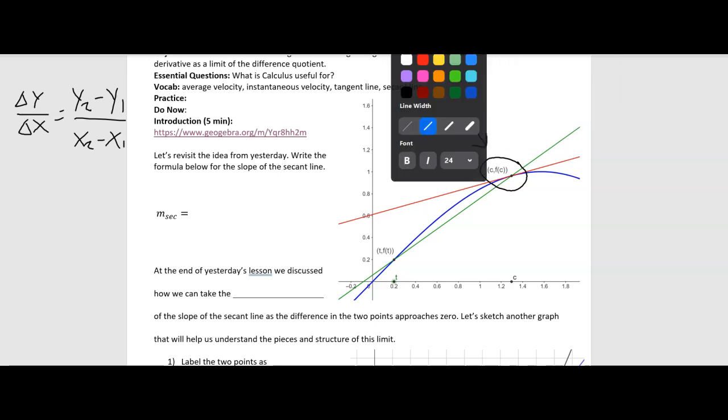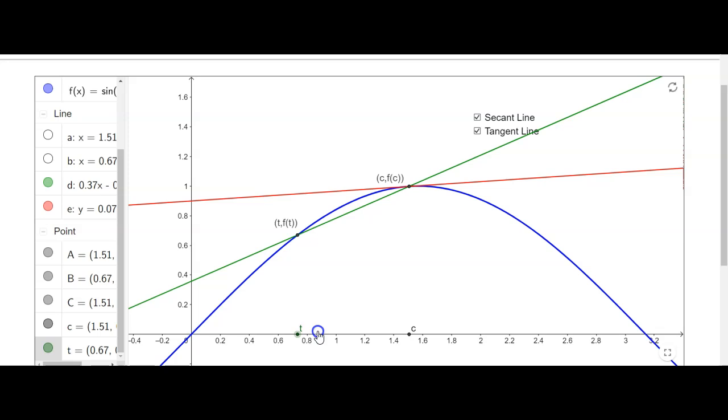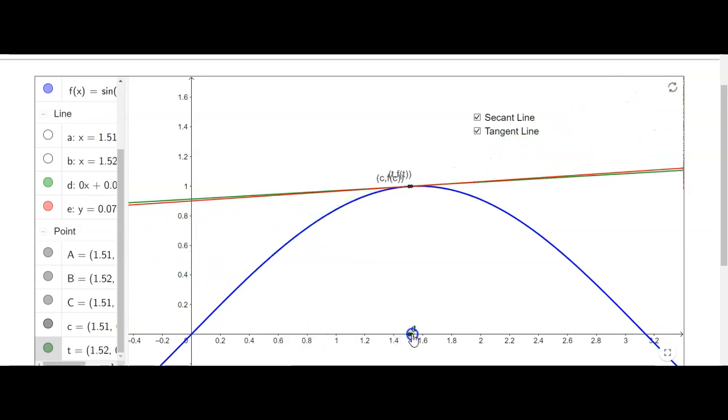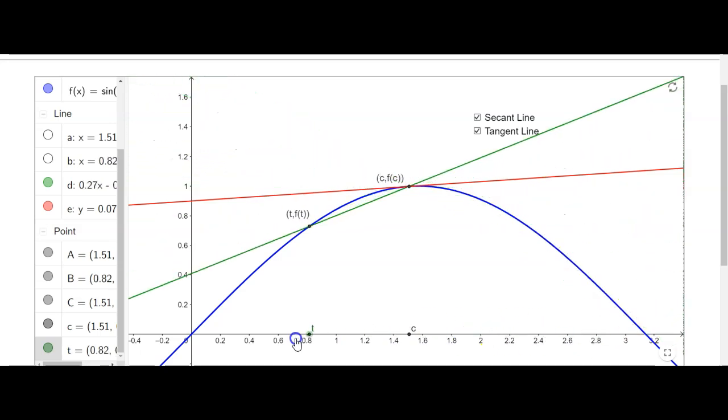So let me open up this demo for us, and we'll quickly review what we talked about in our previous video. I have gone into much farther depth in our previous video, so I encourage you to watch that if you haven't already. Here I have an interactive demo, and I can move this point closer and closer to x equals c, or I can move it farther and farther away from x equals c.